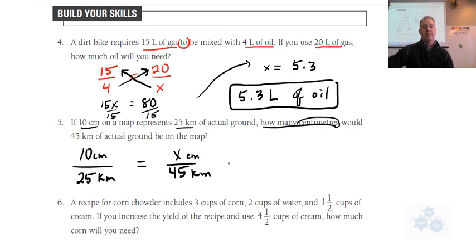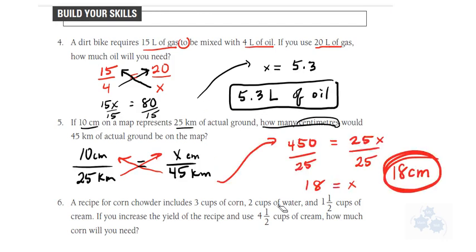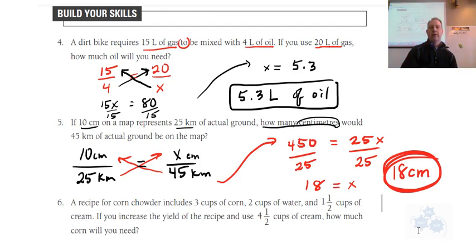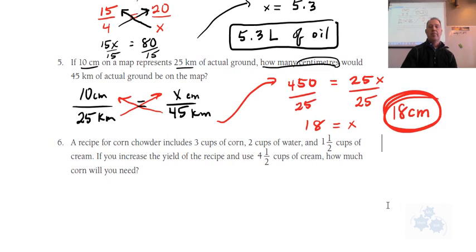Okay, so go ahead and cross multiply and divide and see what you get there. All right. So if you finish that off, you should get 18 centimeters on the actual map.